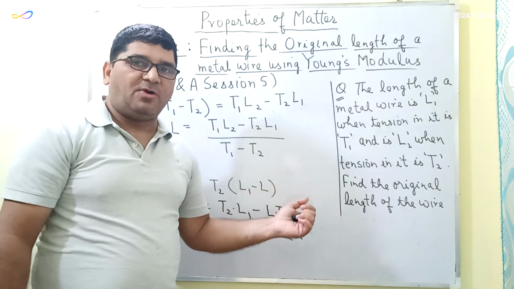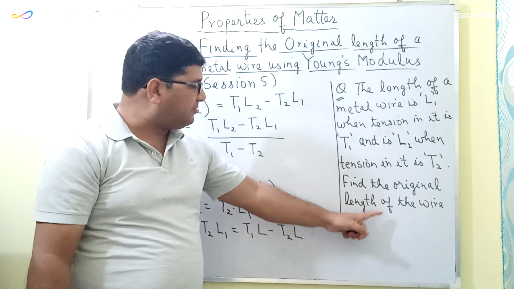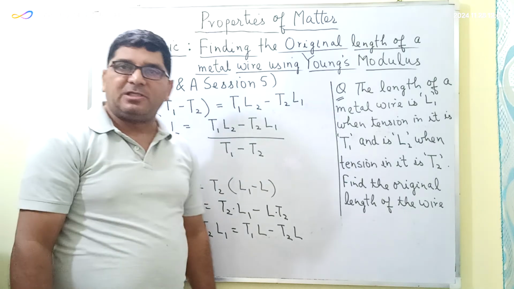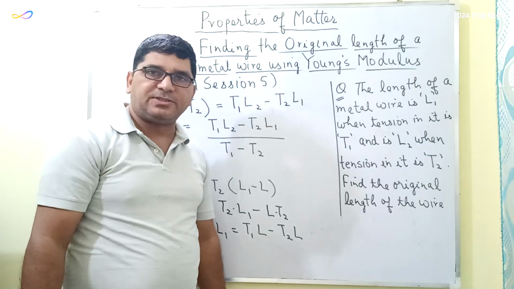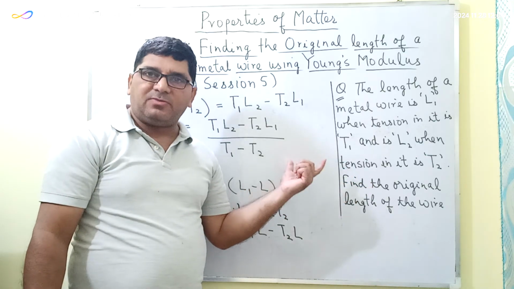So in this question, in order to find the original length of the wire, I have simply used the formula of the Young's modulus of elasticity, and since the metal wire was the same in both the cases, we had got two equations.